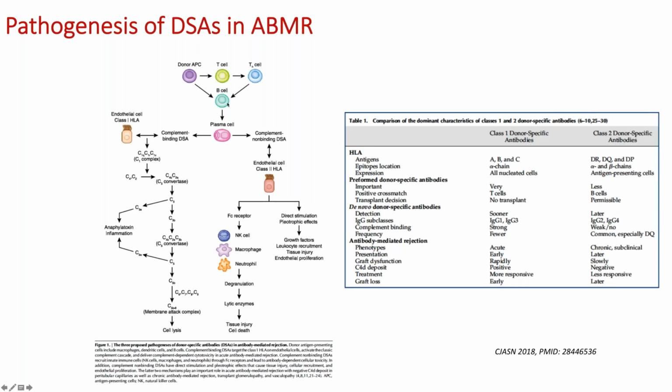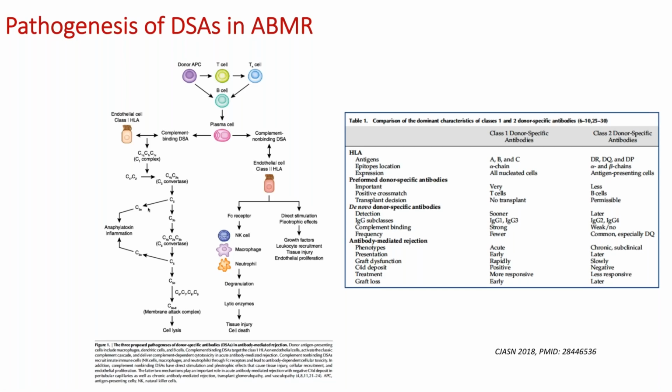Now, donor antigen-presenting cells will include dendritic cells, macrophages, B cells. Now, complement-binding donor-specific antibodies target HLA class 1 that's present on the endothelial cells, activate the classical complement-mediated pathway, and then cause cell lysis. Now, this is what is known as CDCC or complement-dependent cell-mediated cytotoxicity.